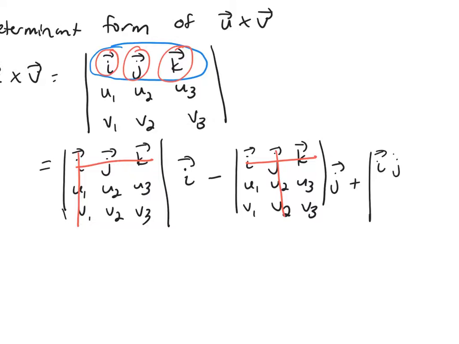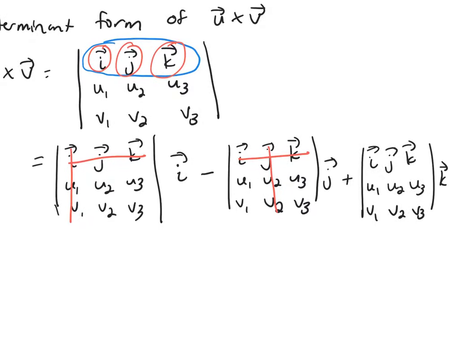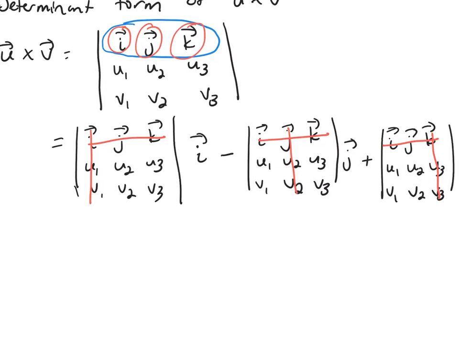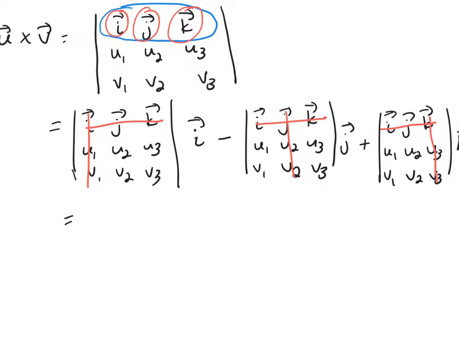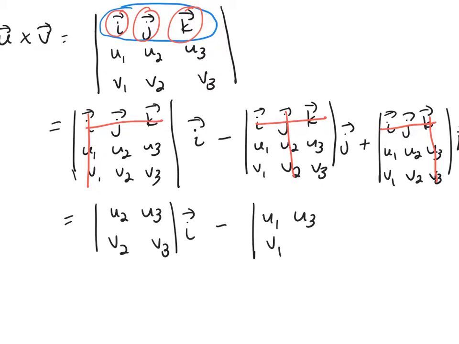Again, copy everything down, pull a k out, and delete the row and column that contained k. Now you're left with these smaller matrices: u2, u3, v2, v3 times i, minus u1, u3, v1, v3 times j, plus u1, u2, v1, v2 times k.